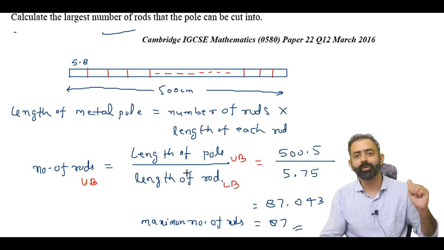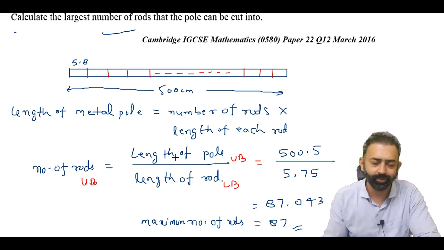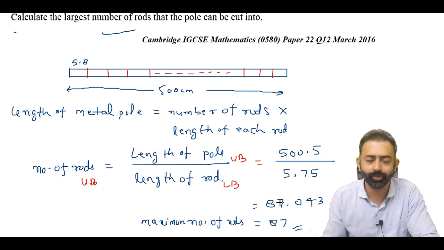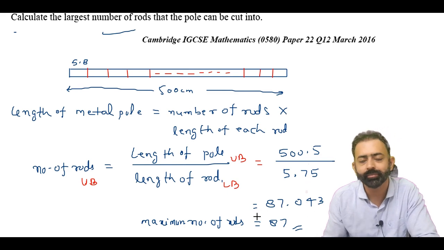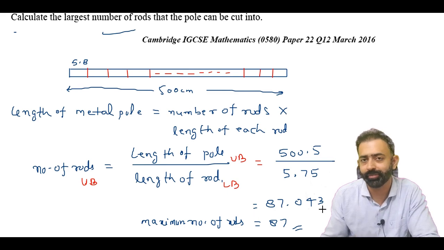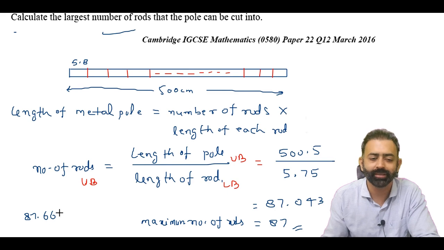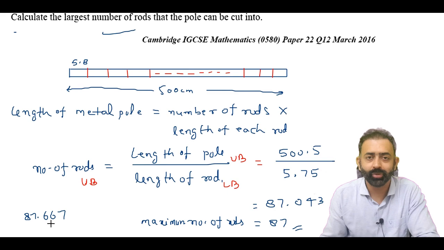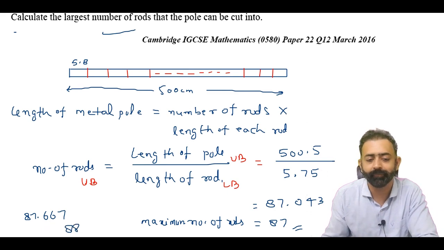This 87 can be obtained using two logics. The first logic is that if you round this 87.043, you will get 87. Nothing wrong in it as far as rounding is concerned. But suppose the answer had come out to be 87.667. Now, if you round this number using the rounding concept, your answer would have been 88.